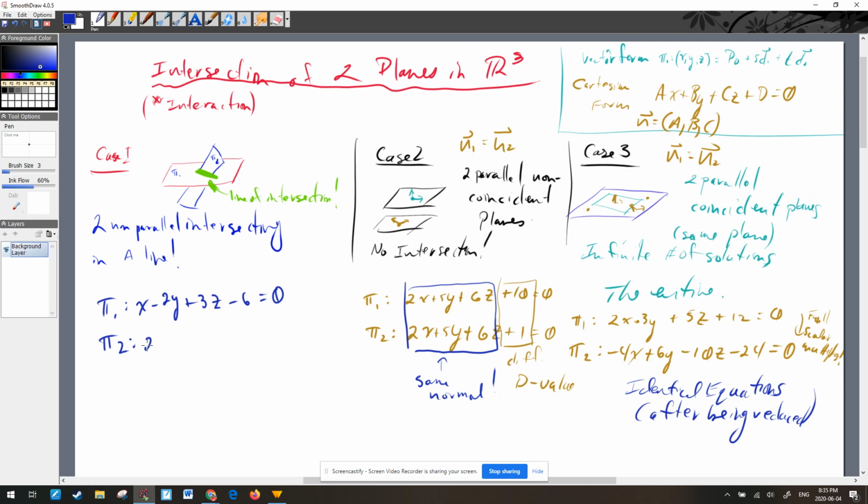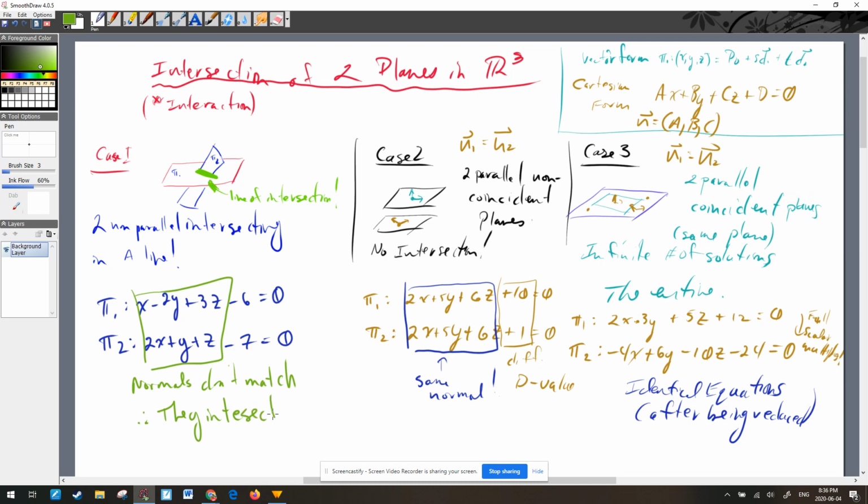So here's my second one: 2x plus y plus z minus 7 equals 0. As soon as we can spot that the normals don't match, what does it mean? If the normals don't match, it means they intersect in a line.